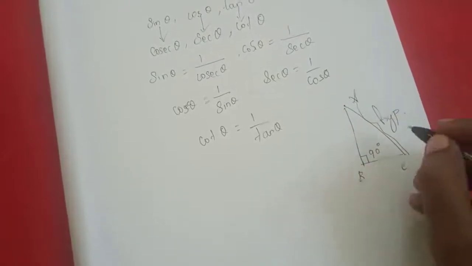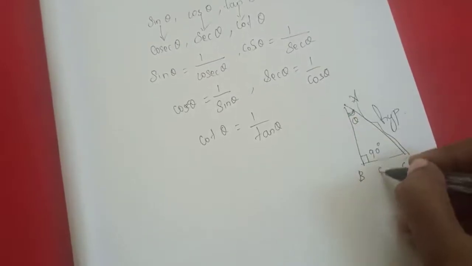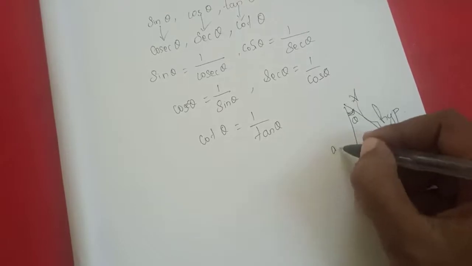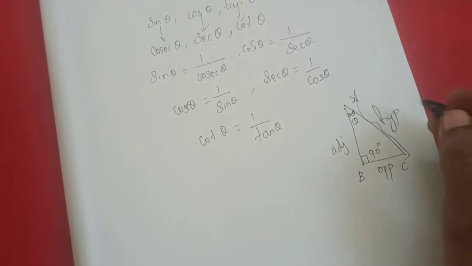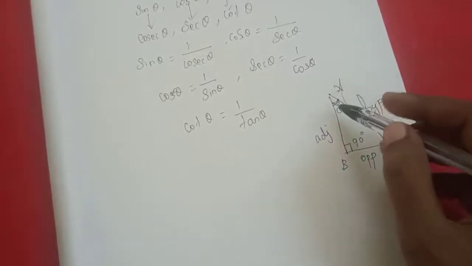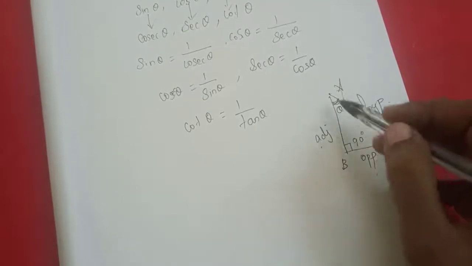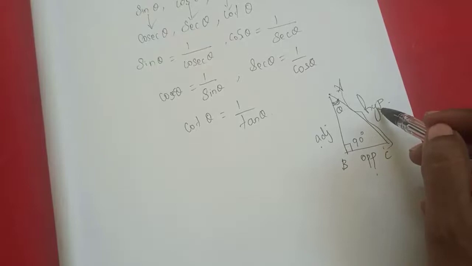Then if I am taking this is angle theta, what is the opposite side? This is opposite side. This is adjacent side. Keep it in mind. This is all the things you have learned already. Just I am recalling that. So if theta is here, this is opposite side. This is adjacent side. Largest side is a hypotenuse.